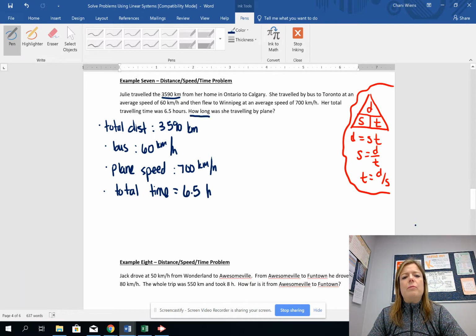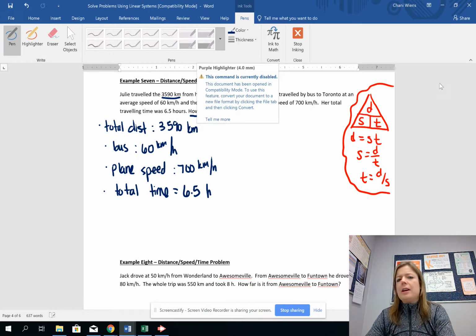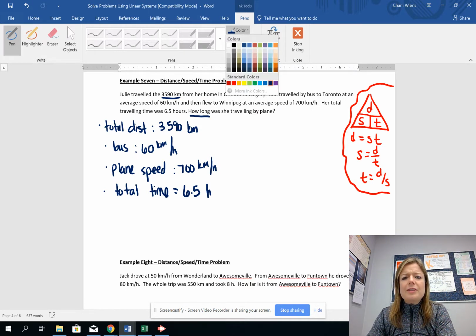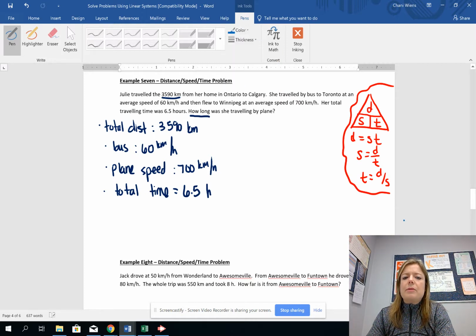How long was she traveling by plane? It's really, really important that you pay attention to what the question is asking. The question is asking for how long, which means it wants us to figure out time. So our variables should be in terms of time, since we want our answers to be in terms of time.